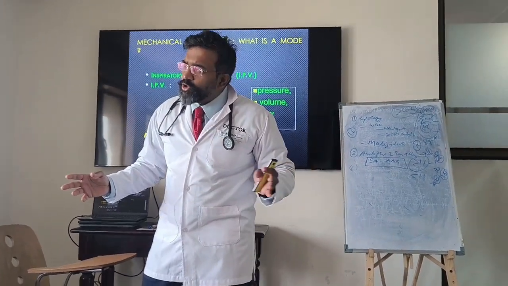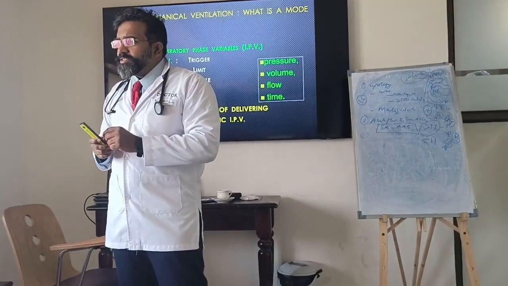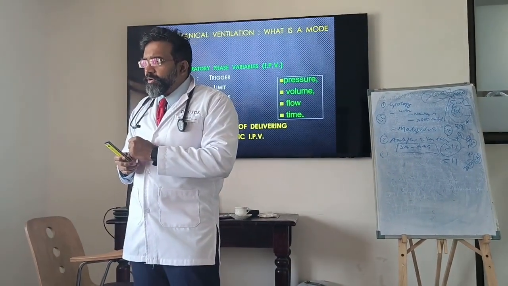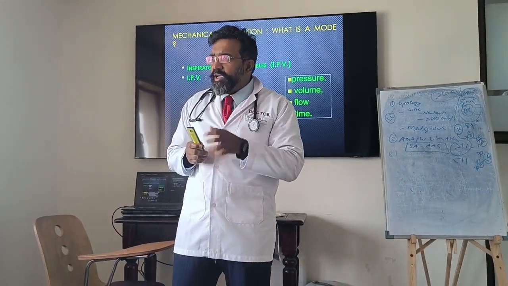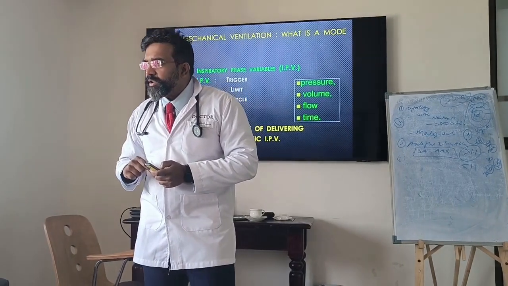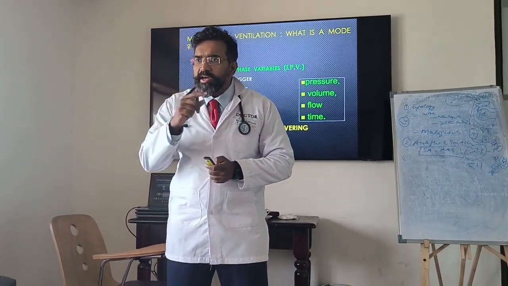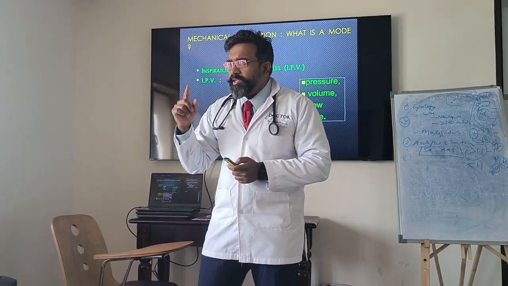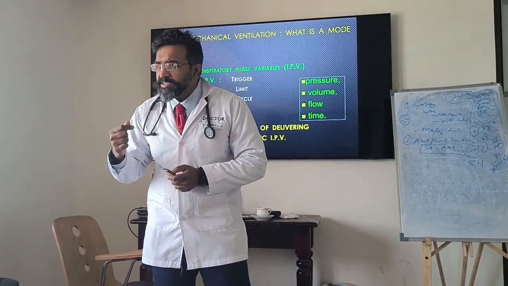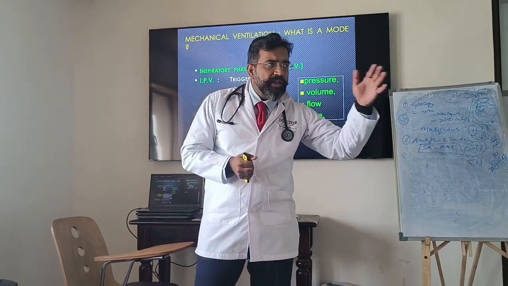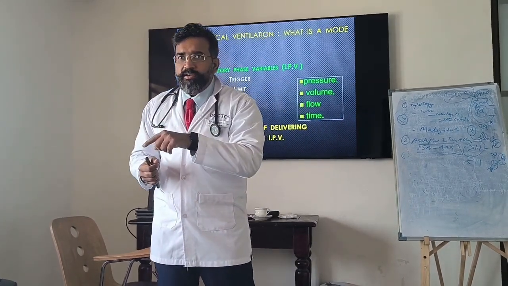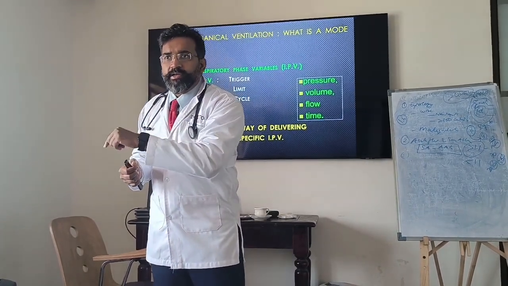Are you understanding? What you see in your Draeger as controlled mode of ventilation would be seen in your GE as assist control mode of ventilation. What you see in your Hamilton as pressure support ventilation, PS, would be seen in Draeger as ASB, assisted spontaneous breathing.